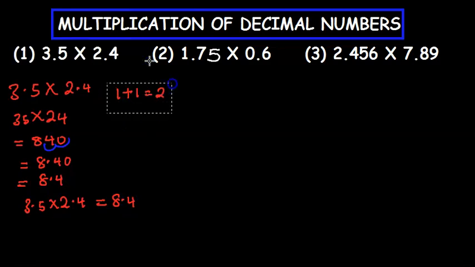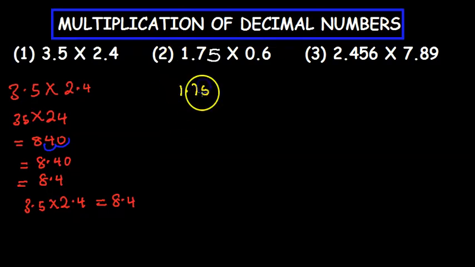Let's try the second one. In this case, we are given 1.75 and we are asked to multiply this by 0.6. In the first number, we have 2 decimal places, and in the second, 0.6, we have 1 decimal place, making a total of 3 decimal places.